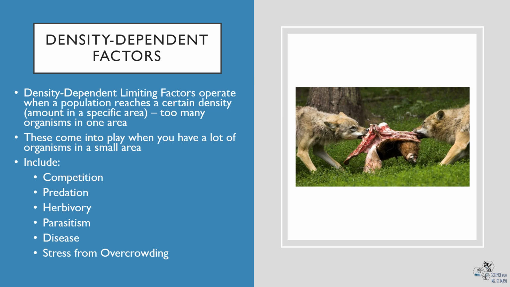So if you have a high density, like a city of humans such as New York City, where they're living right on top of each other, you can't go a second of the day without seeing another human, versus, let's say, a person living in the Yukon territories where you may not see another person for weeks, because you go searching that person out. That's what we mean by density dependent.